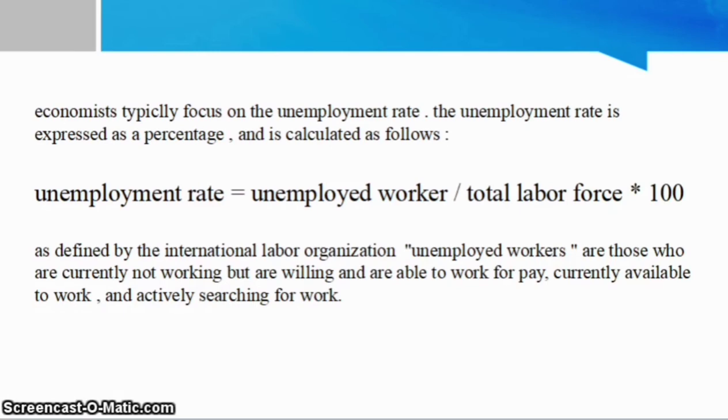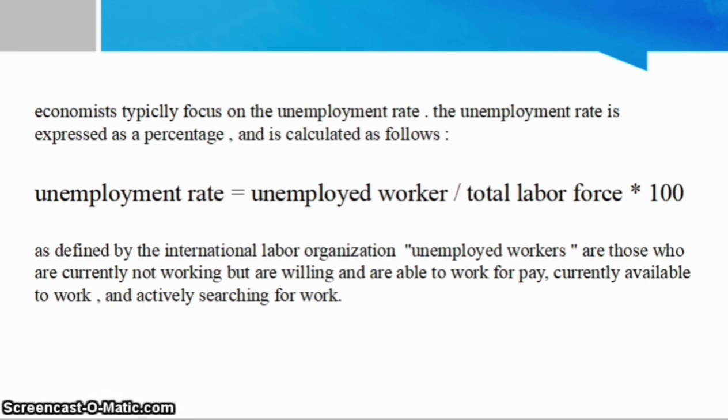Economists typically focus on the unemployment rate. The unemployment rate is expressed as a percentage and is calculated as follows. The formula is unemployment rate equals unemployed workers divided by total labor force multiplied by 100.